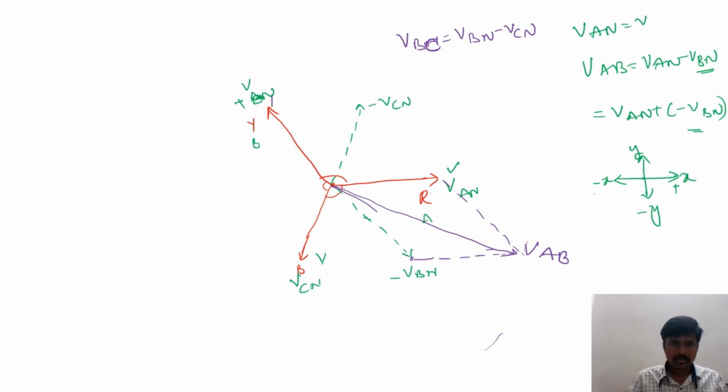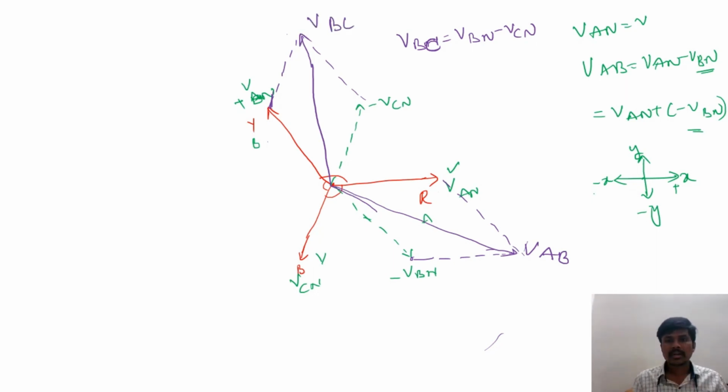Draw parallel lines. You try to get the exact phasor diagram by using graph sheet. So here we will get the resultant from this point. This will give you the VBC.